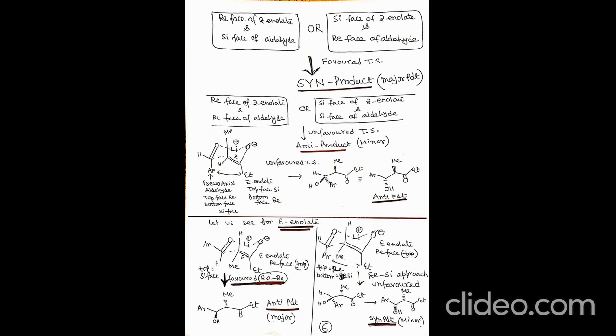The reverse combination, the re-psi approach, leads to the syn product, which is the minor product because of the unfavorable pseudo 1,3 diaxial interaction between the aromatic ring of the carbonyl and the alkyl group at the O minus bearing carbon of the E enolate.